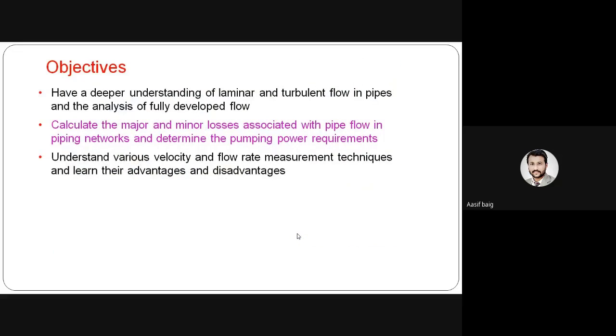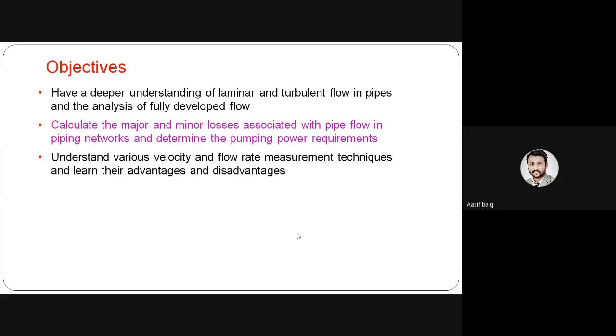So these are the objectives of today's lecture, in which we will see the understanding of laminar and turbulent flow in pipes and the analysis of fully developed flow. We will calculate the major and the minor losses associated with the pipe flow in pipe network and determine the pumping power requirements.